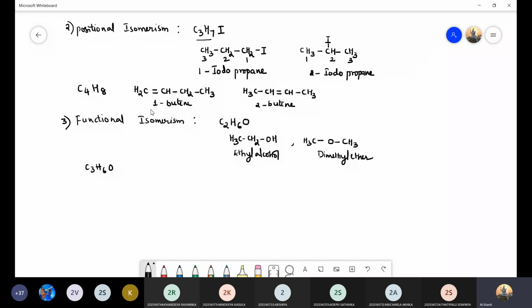Write the functional isomers for this. C3H6O.